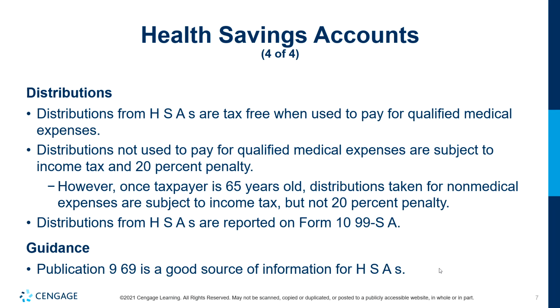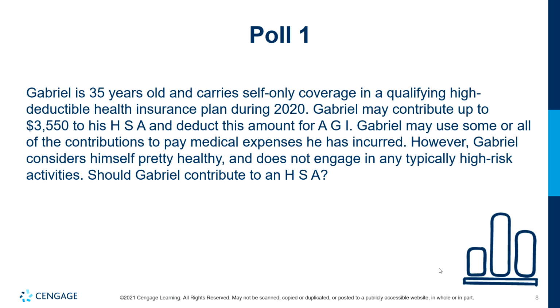Okay? So, poll. You know how these polls work. We have Gabrielle, who is 35 years old and carries self-only coverage in a qualified high-deductible health insurance plan during 2020. Gabrielle may contribute up to $3,550 to his HSA and deduct this amount from AGI.